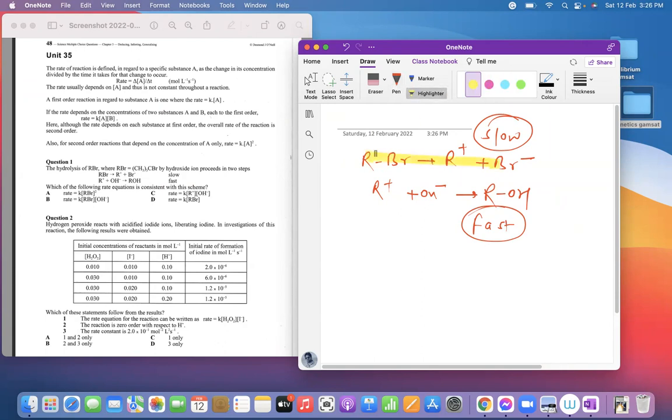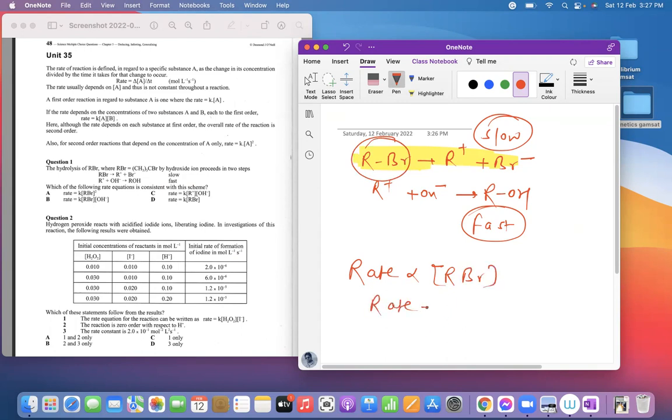So this step is the only important one here. If you are going to write the rate for this reaction, the rate is directly proportional to the concentration of RBR, because this is your reactant RBR. So rate is equal to K RBR. Any doubt? Please tell me. So the answer should be D.